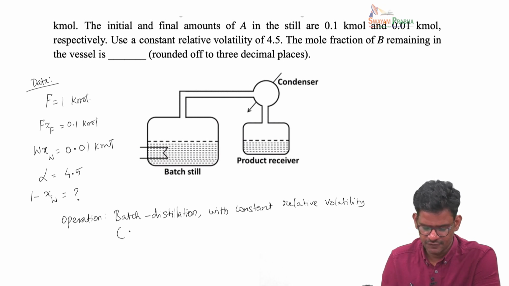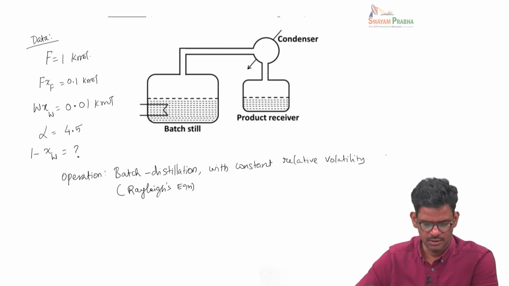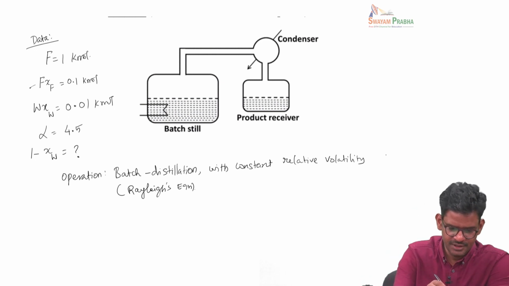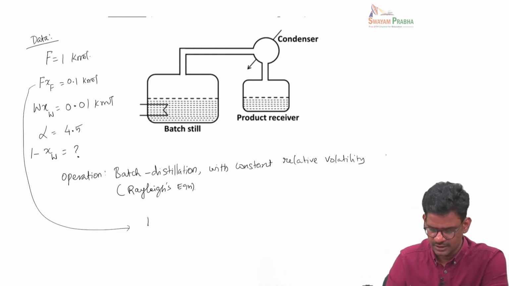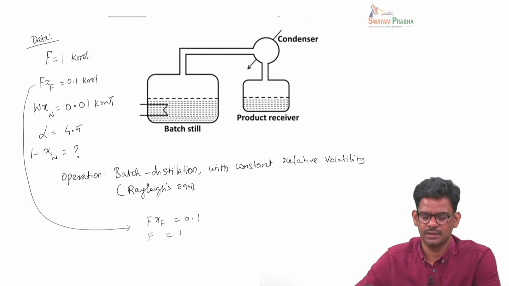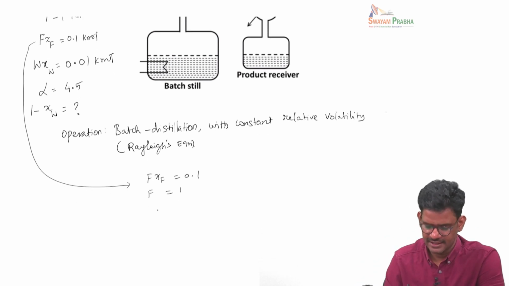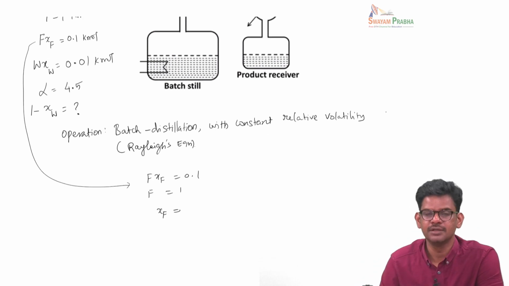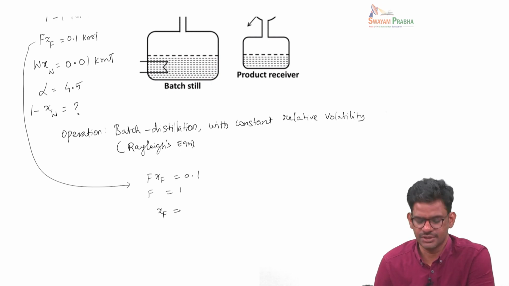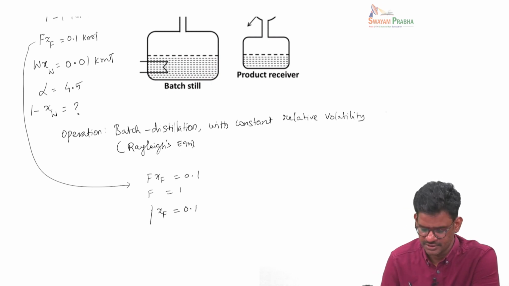That means we should be able to use the integrated Rayleigh's equation for this problem. We can also note that from here, since we know F times XF is equal to 0.1 and F is 1, we can find that XF, that is the feed composition, is 0.1. Okay. So, this is something we can easily infer.